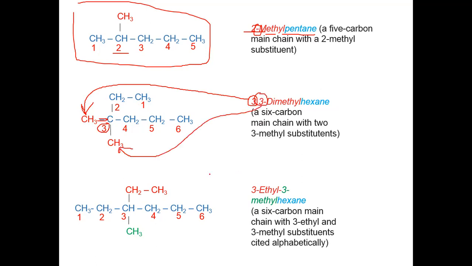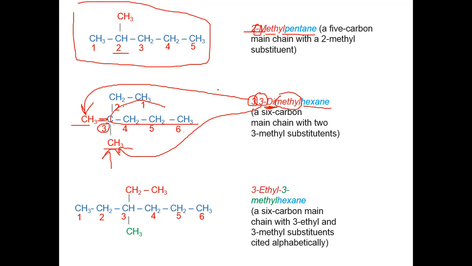We have 2 of these. This is one, this is another one, right? So this is why it's dimethyl. This is called methyl, this is called methyl. So dimethylhexane, because this is hexane. 1, 2, 3, 4, 5, 6. That's the hexane here.